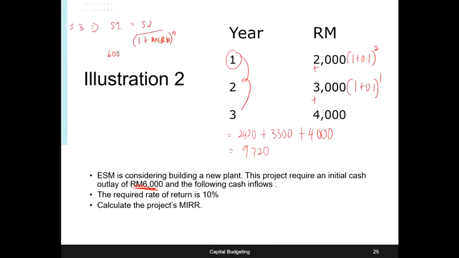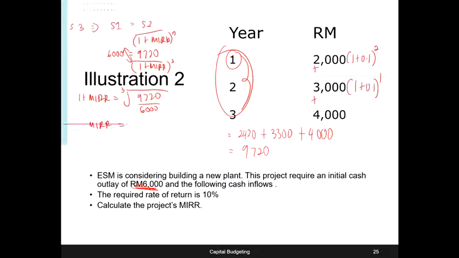So 6,000 equal to 9,720 divided with 1 plus MIRR to the power of n, n is 3 years. Okay. So shift, 1 plus MIRR equal to 9,720 divided with 6,000, cube root.